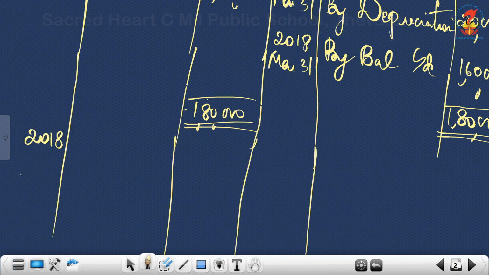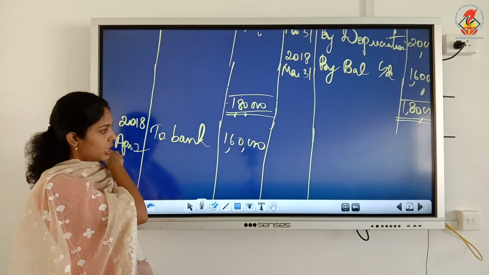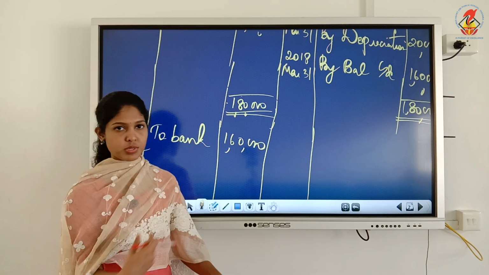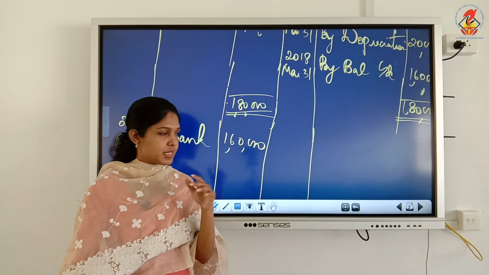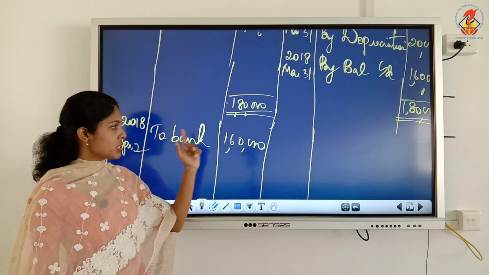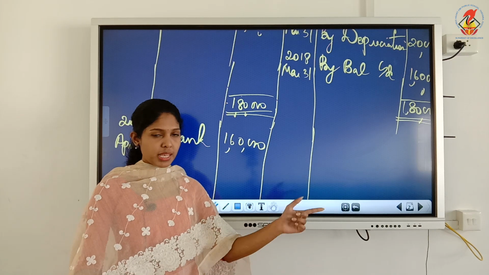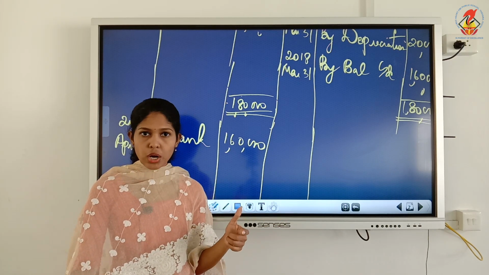Next year starts with 2018 April 1st. To balance brought down, you must remember one thing, in the third year we have a sale also. To balance brought down 1,60,000. Now just see the date of sale. 1st October 2018 falls in between 1st April 2018 and 31st March 2019. So we have a sale value here which is to be recorded.